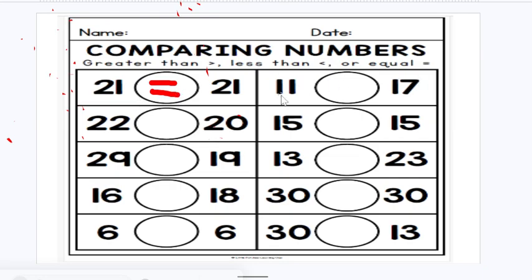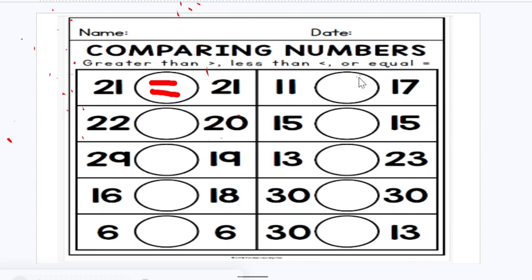Let's do the next one. I'll help you with 2, and then you'll have to finish the rest on your own. 11 compares how: greater than, less than, or equal to 17. Should the alligator eat the big number 11? Is 11 the big number, or is 17 the big number? You have to think about that.